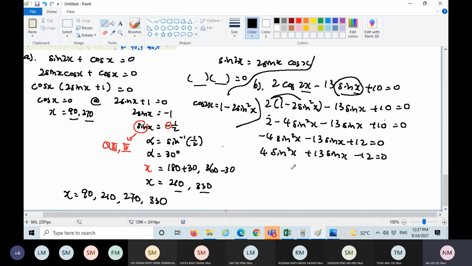This is because when you use the calculator for factorization, we always want these to be positive, and make sure there is nothing to simplify. If you want, you can write it this way: let sine x be u. So it becomes 4u squared plus 13u minus 12 equals 0, because sine square x means sine x squared.